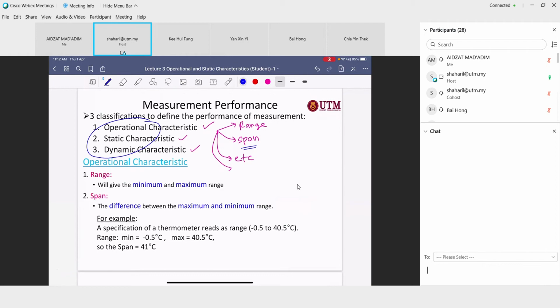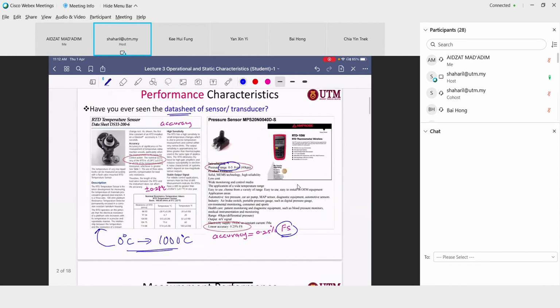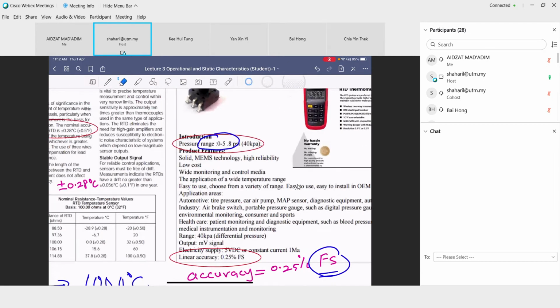Operational characteristic means how the transducer will operate, so whether it can meet your requirement or not, depending on the data sheet. The word range means minimum to maximum. If you want to buy a pressure sensor, it shows you the range.